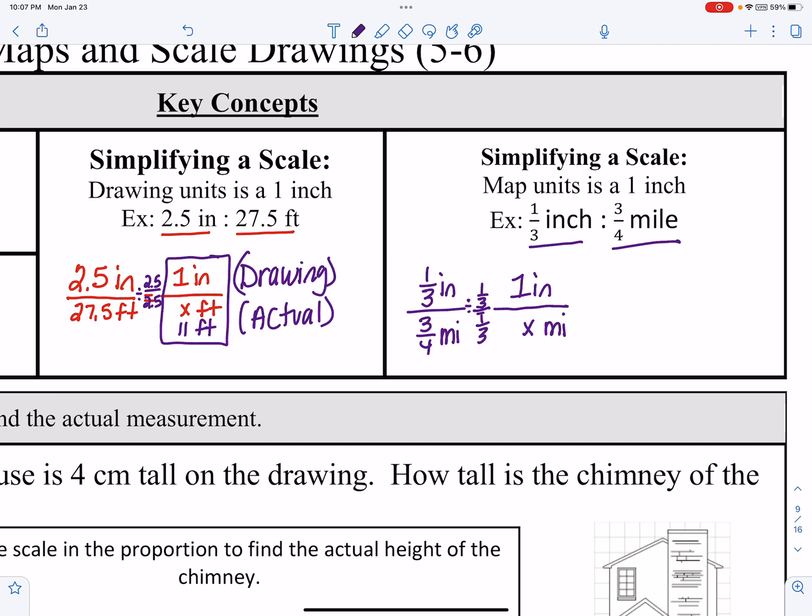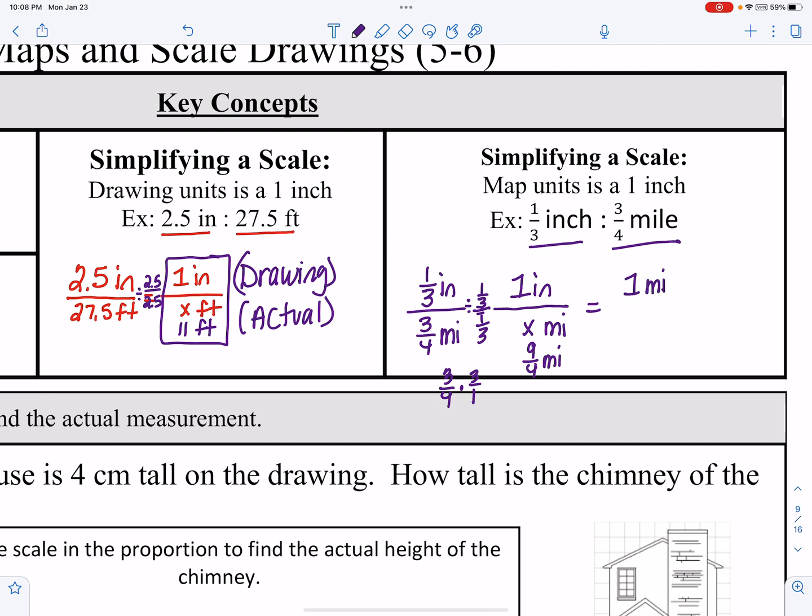So now all I have to do is 3/4 divided by 1/3 to get my x. I know that I don't divide fractions, so I'm actually doing 3/4 times the reciprocal, and we end up with 9/4 miles. Okay, and so I wouldn't really leave it at 9/4 miles just because that's not how we talk.